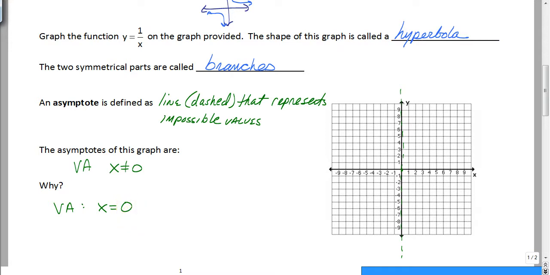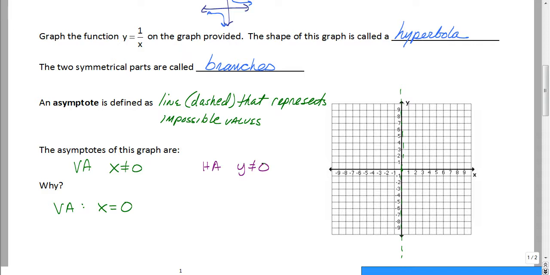Okay, so now we've got to think a little bit about y, our horizontal asymptote. So our horizontal asymptote, y cannot equal what value? So think about it. Can you think of any values that y will never be? Well, for this particular problem, y will never be 0 either, because it's 1 divided by a number.